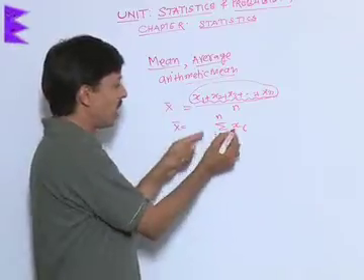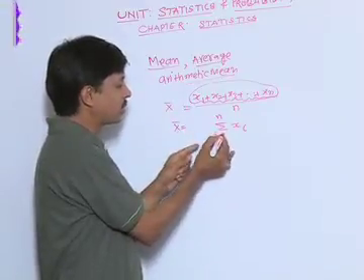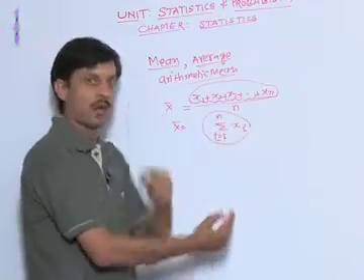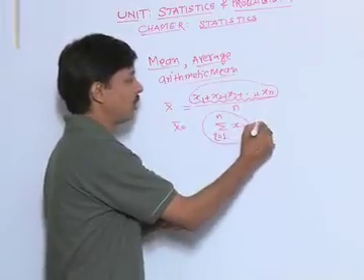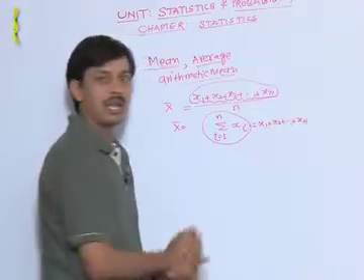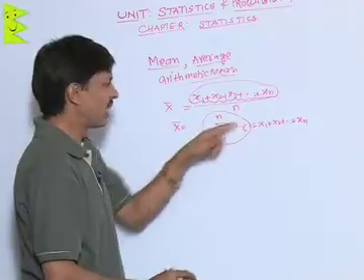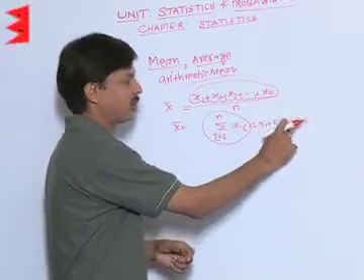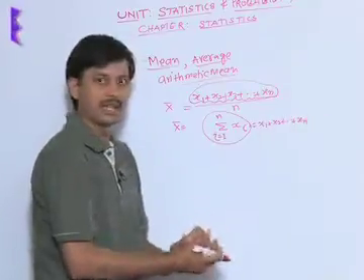So sigma xi, i equals 1 to n, is nothing but a short form, which is equal to x1 plus x2 plus dot dot dot plus xn. So x bar is x1 plus x2 plus x3, dot dot dot up to xn.